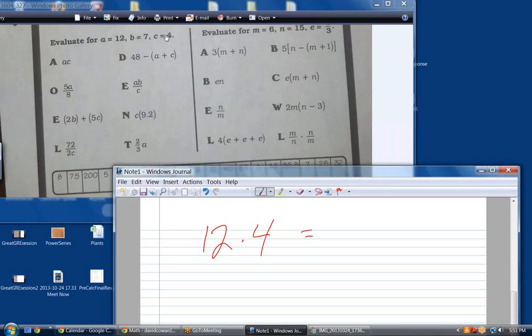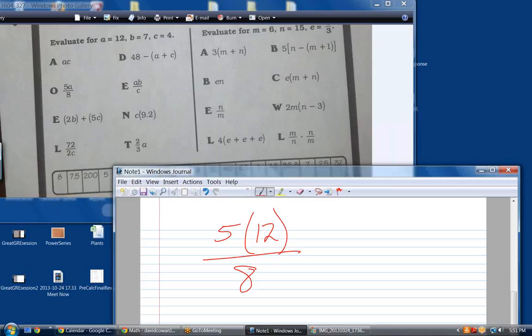A times C, so 12 times 4, which is 48. Okay. About 5A divided by 8. Go ahead and spell it out. 60 divided by 8. Well, let's make it 5 times 12 divided by 8. Okay. Because I want to show you that other thing you can do again.